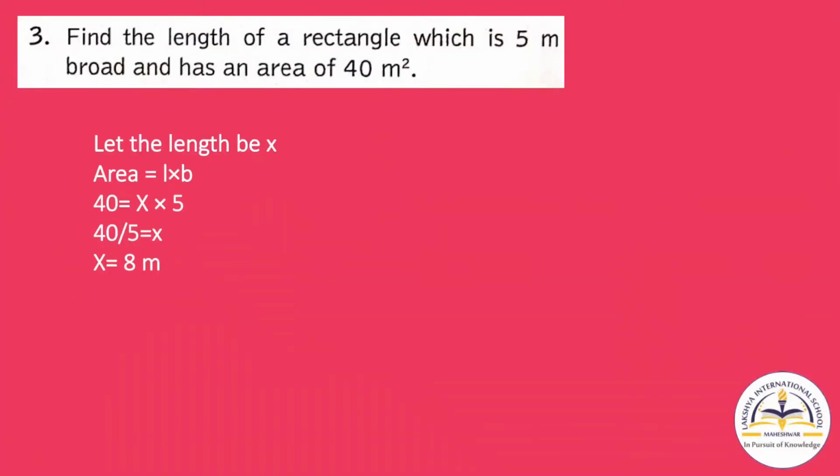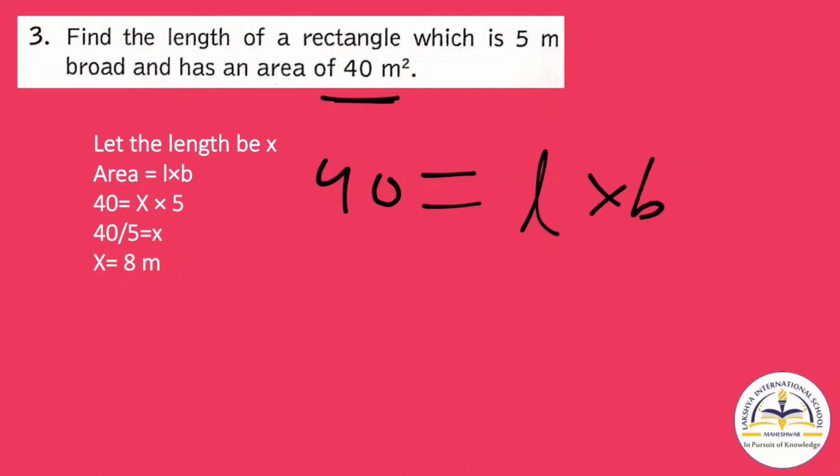Now question number third, find the length of a rectangle which is 5 meter broad and has an area of 40 meter square. So let the length be x. So area equals to, here it is given for rectangle, so area of rectangle is length into breadth and area is given 40. So 40 equals to length into breadth.